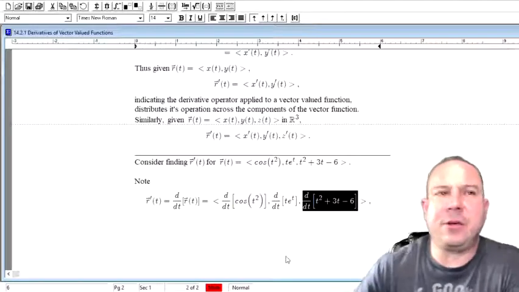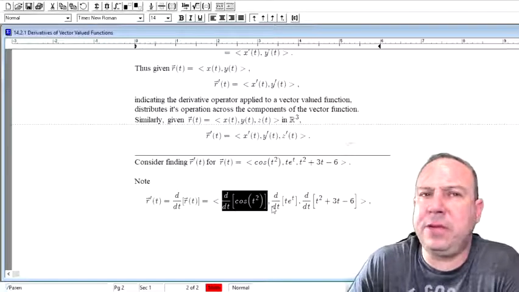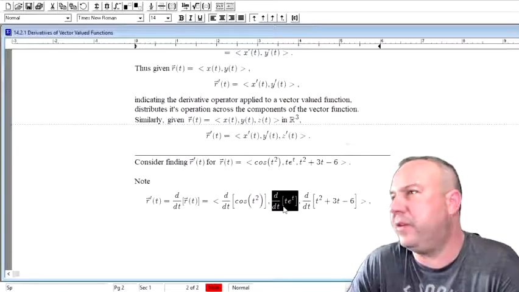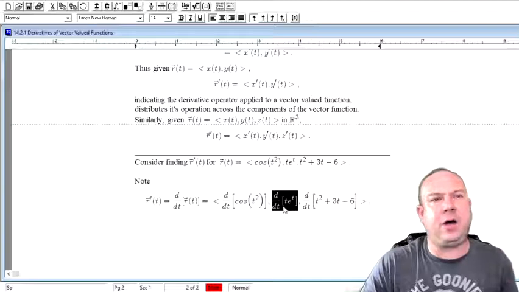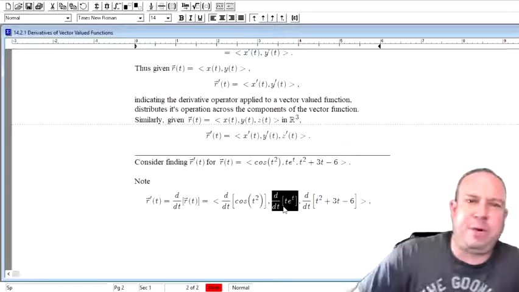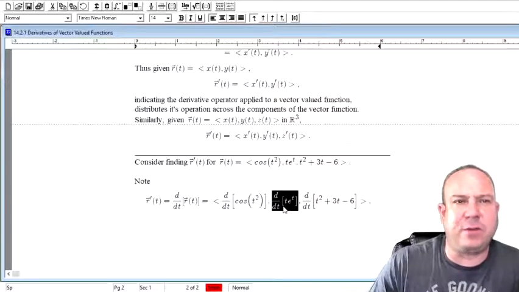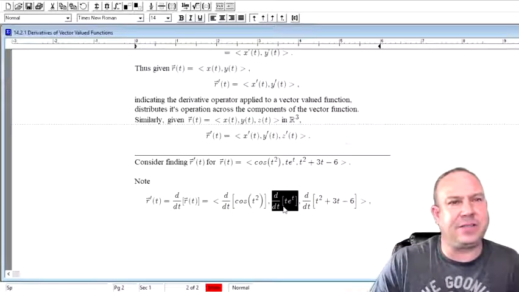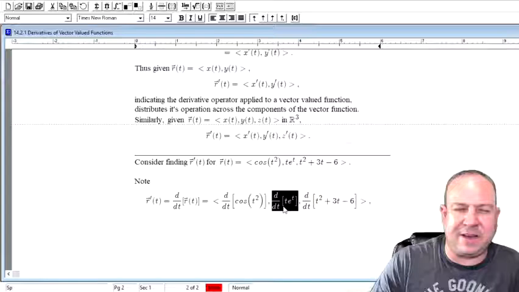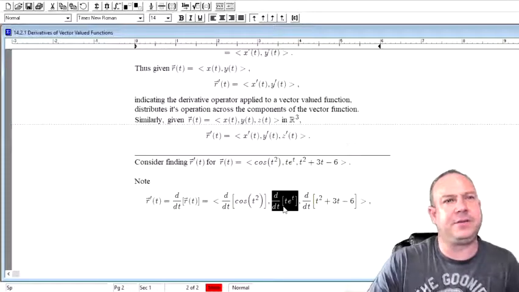So in the end, what we're really going to be looking for are just derivatives as we calculated them way back in the days of Calc 1. We're just going to follow our derivative rules that we learned back in Chapter 3 of calculus, back in that study of the derivative.